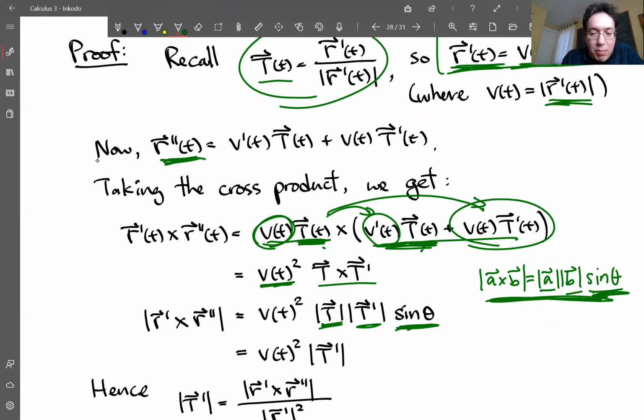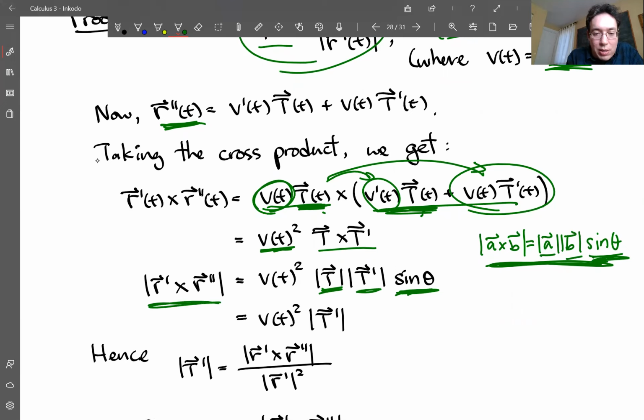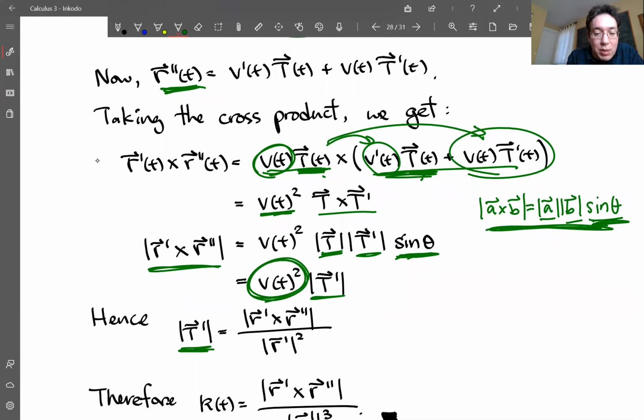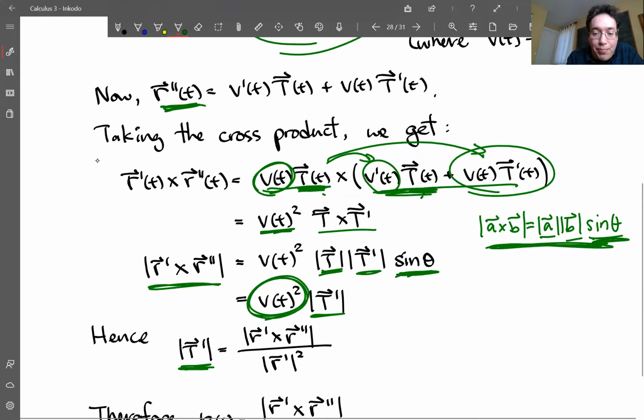And, well, the magnitude of the unit tangent is just 1. So we're left with the magnitude of r prime cross r double prime is v of t squared times the magnitude of t prime. Or if you divide both sides by v squared, we get the magnitude of t prime is the magnitude of r prime cross r double prime divided by v squared, and v is the magnitude of r prime.